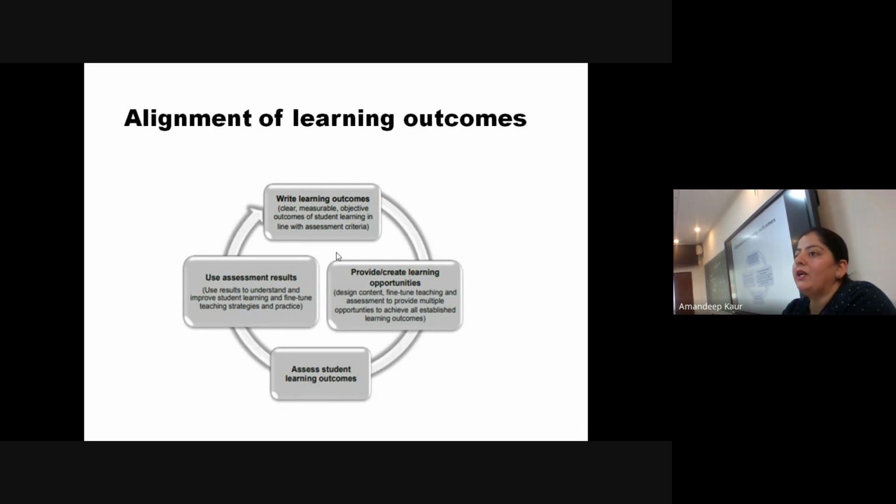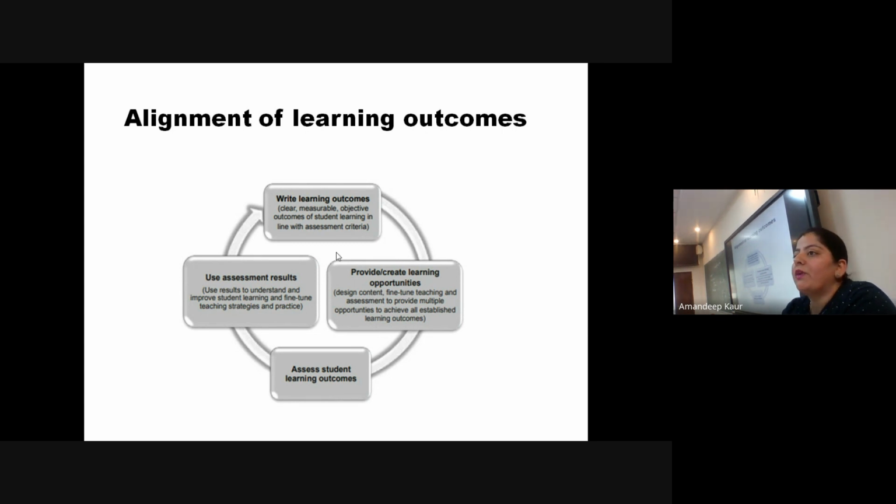At the end of the semester, faculty cannot say that my students were not up to that level, that is why they are not able to score high. They were with you for 90 days in a semester, so up to some extent, you need to modify the behavior of those learners.